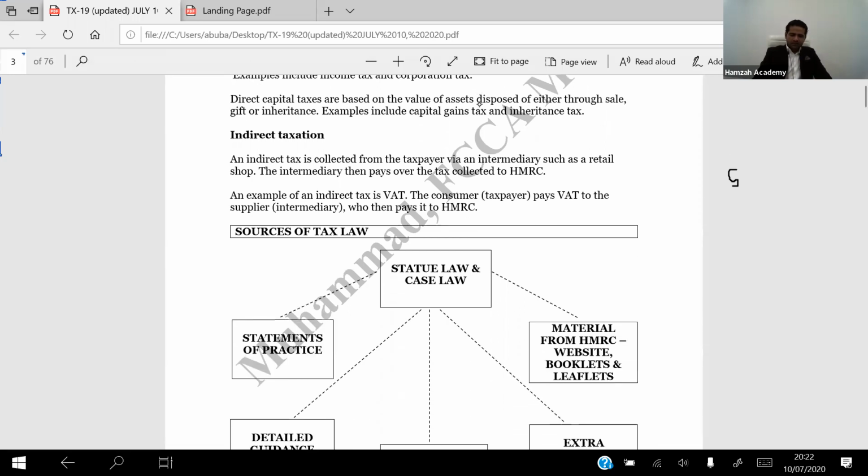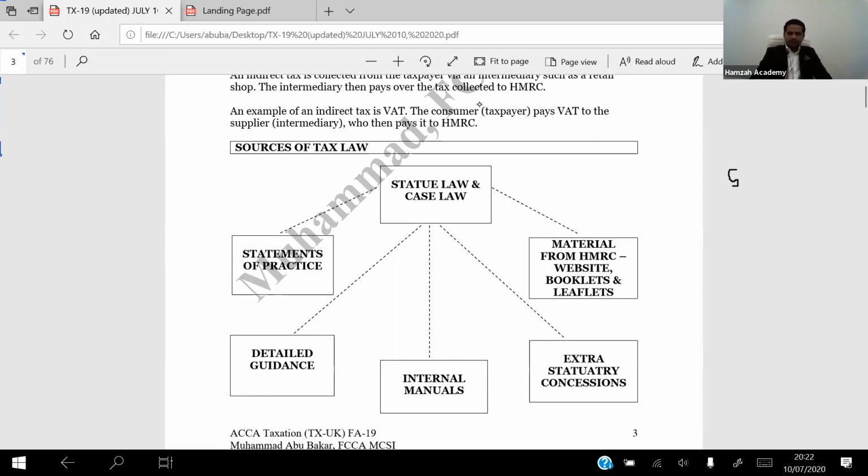Now, what are the sources of law? Before I describe the sources of law, let me tell you that the UK tax system is actually one of the oldest tax systems in the world, and it now has many sources. I think I have an ideal example.